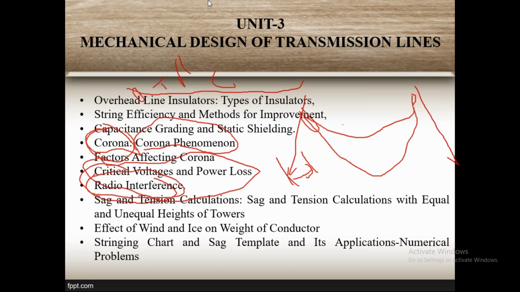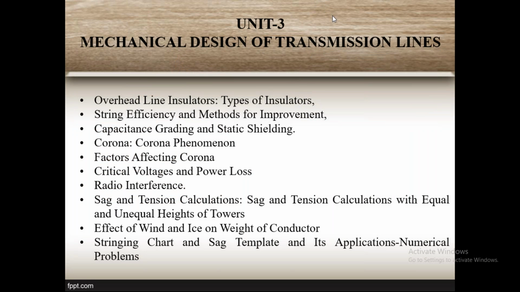Next one is sag. This is one of the most important topics in the third unit. Let me show how sag occurs. Suppose these are two towers, tower 1 and tower 2, and you connect a conductor between them.